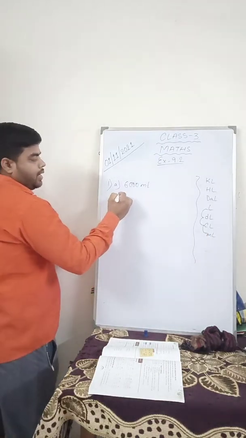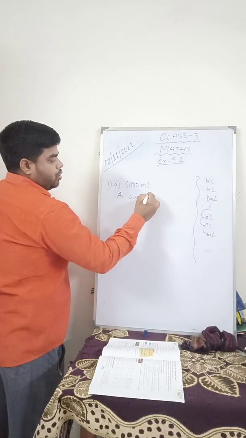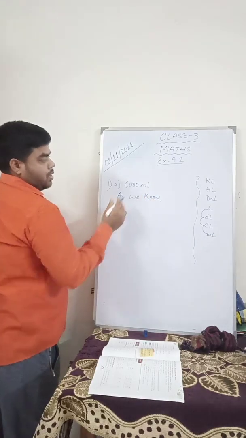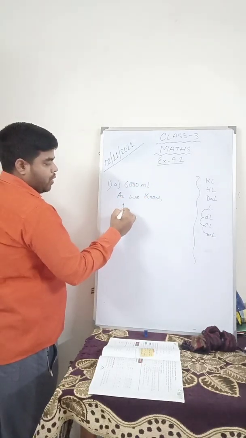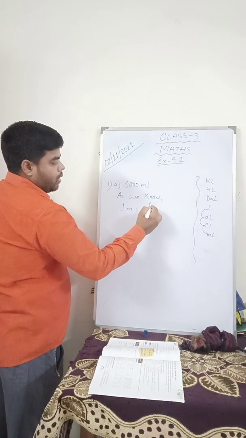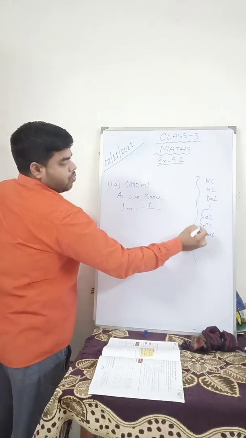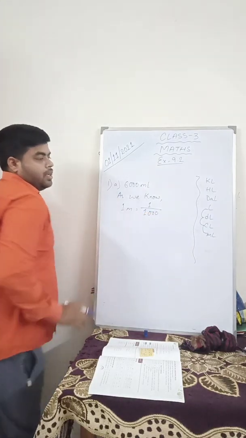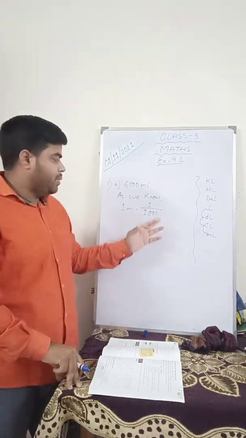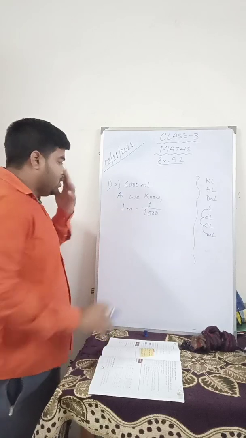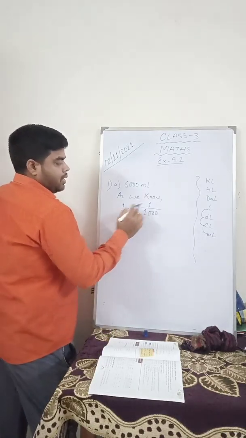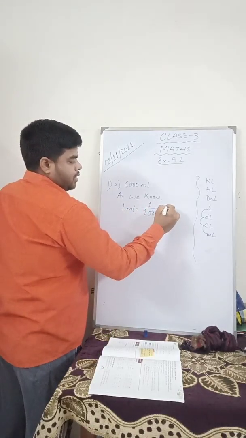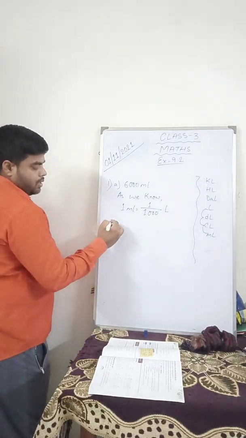So you will write here, as we know, they have given you milliliter. So 1 milliliter is equal to 1 by how many? 1 plus 2 plus 3 places means 3 zeros, and in the beginning you have to write 1. So 1 milliliter is equal to 1 by 1000 liter.